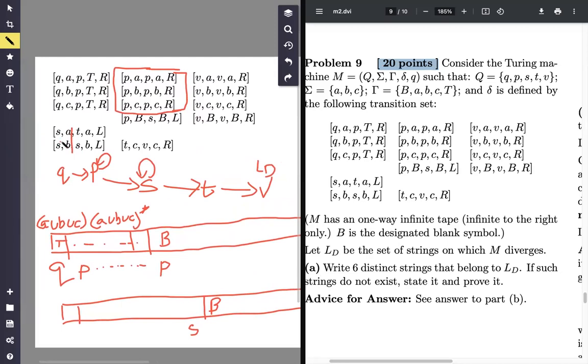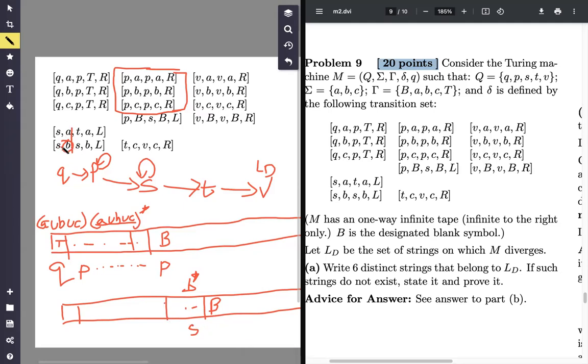In state S, what do we want to see? We can see a B, right? We notice state S has a loop, which means if there was any number of B's here, that would be fine. If the string ended with any number of B's, that would still be fine. So imagine if the last part of this A or B or C star could end in a B star, like just a bunch of B's. So that's what we're going to say this part is, because S can handle that.